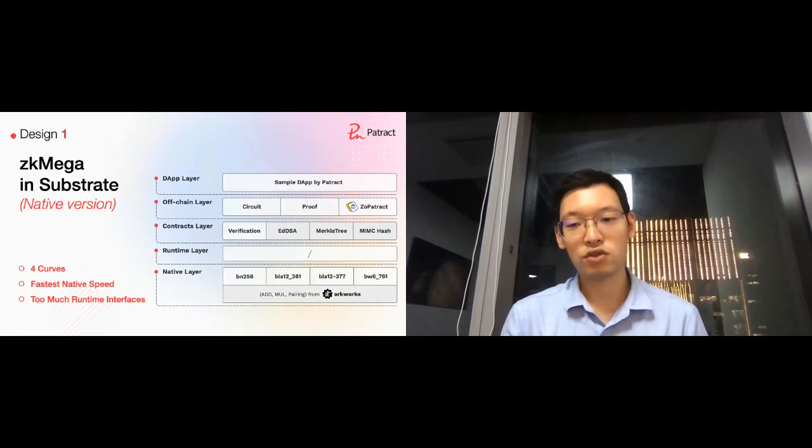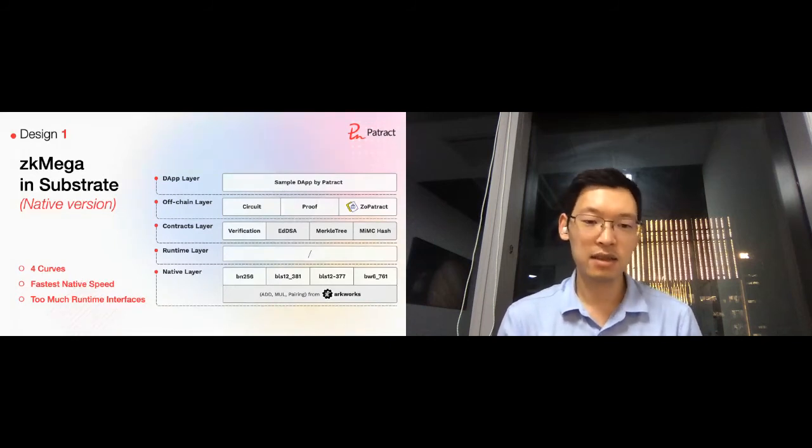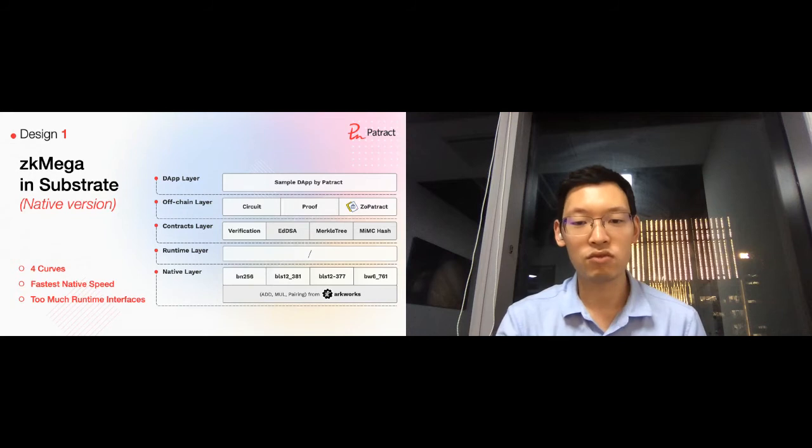Therefore, it is better to decompose the lower level shared algorithms of these curves and then integrate them in the native layer or the Substrate primitive layer. In this way, the interface will be relatively fixed, and the community can add the upper level curves at any time. But the detailed design remains to be researched.